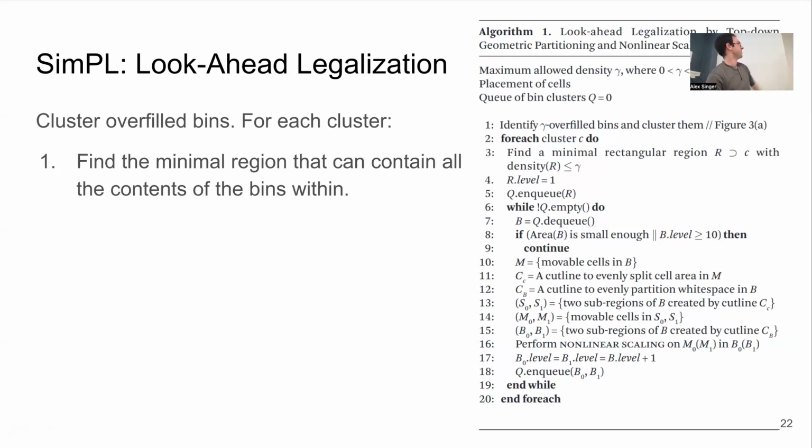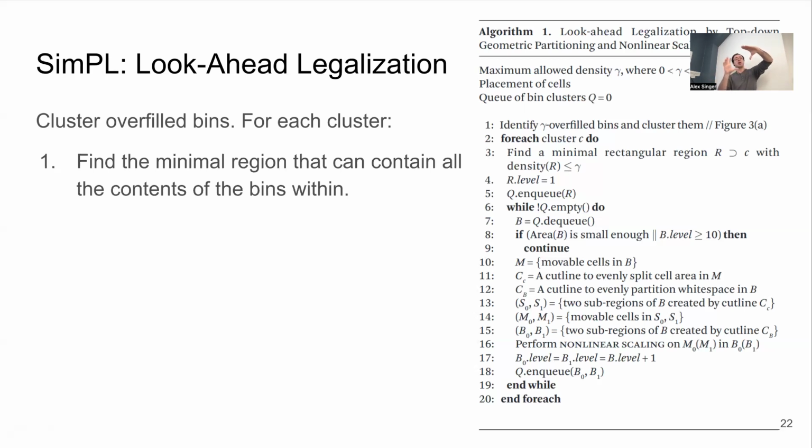So step 1: find the minimum region that can contain all the contents of the bins within. What that means is I'm going to make a window, or in this paper, they call it a region. I'm going to create a region around my cluster, a bounding box. That's basically all it is. And I'm just going to grow that region until the exact point where all of the stuff inside has just enough space to maintain them.